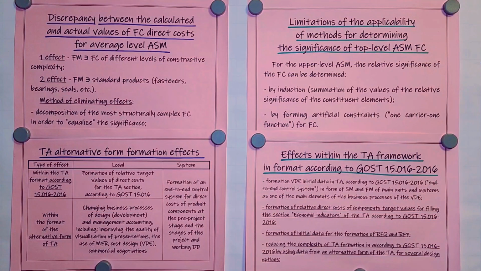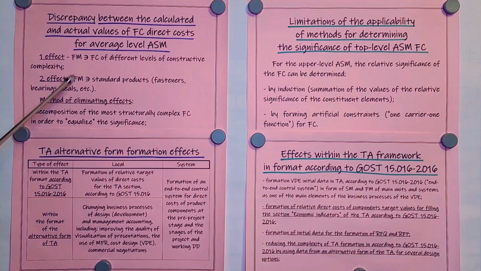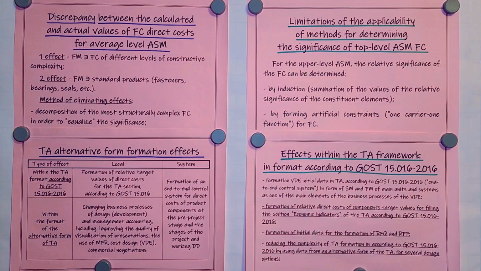The slide shows the two most common effects that lead to discrepancies in the estimated and actual values of function carrier costs. The first effect is the combination in the structural model of function carriers of different levels of structural complexity. For example, in the case of the front wheel, spokes, adapters, rim, flipper, brake disc can be attributed to conditionally simple, and conditionally complex such as the bushing housing.